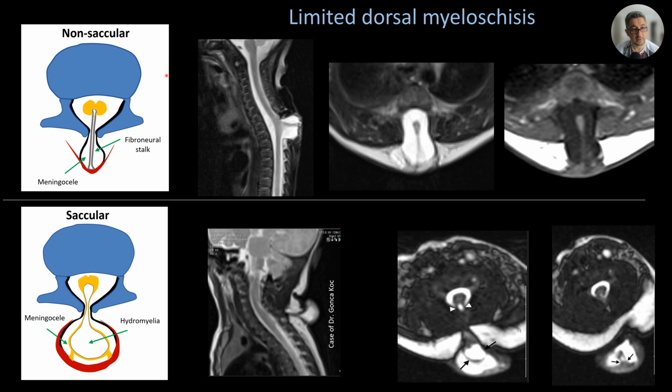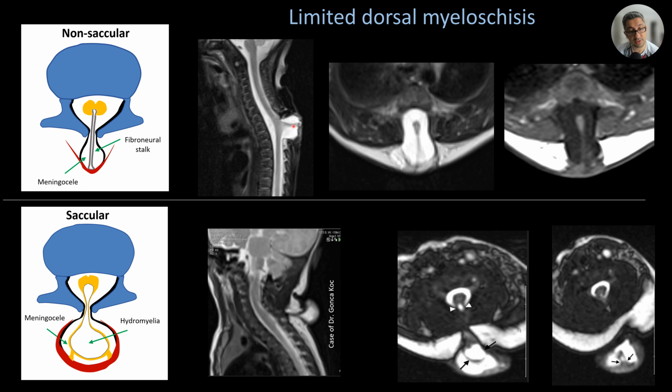To give you examples for the limited dorsal myeloschisis, this is in the spectrum of a dorsal dermal sinus tract. As we discussed in the embryology, there is this junction of the cutaneous and neuroectoderm. So here you can see the posterior tenting of the spinal cord at the level of the cervicothoracic junction. It's proximal.